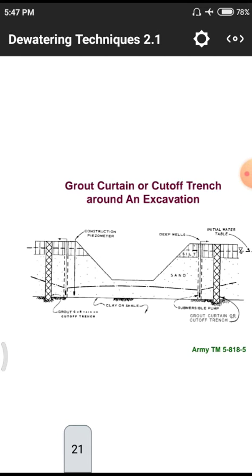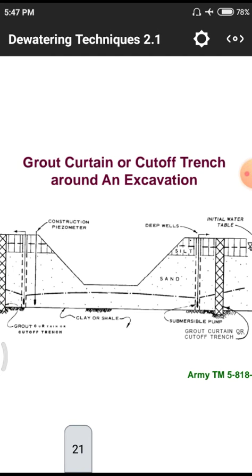Next one, we are having a different procedure, grout curtain or cut off trench around an excavation. Excavation is normally used to remove a particular amount of material from the soil itself.